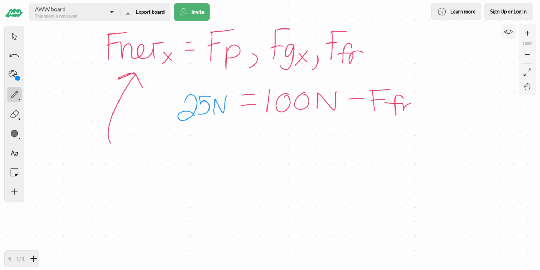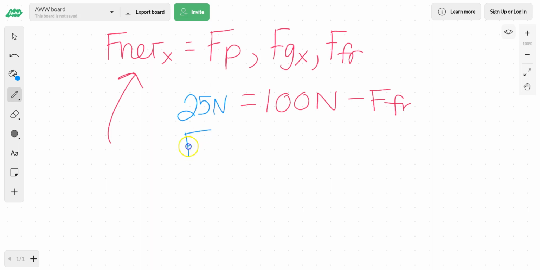Alright, so what that tells you is that your object is going to feel like there's only 25 newtons acting on it, when in reality there's 100 going one way and then an unknown amount going the other way. It's going to feel like there's 25, but there really is more than that.